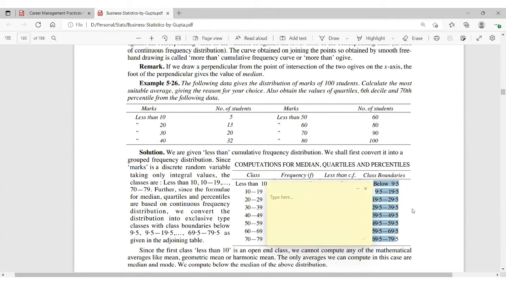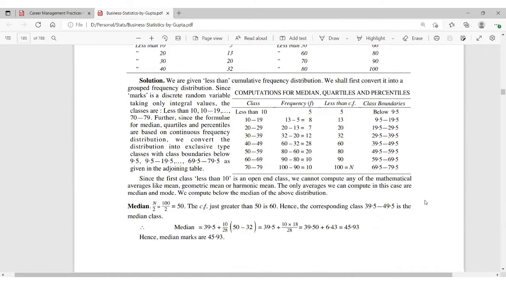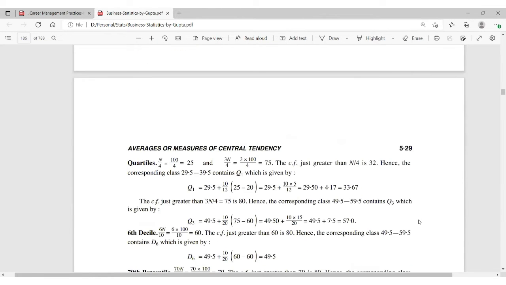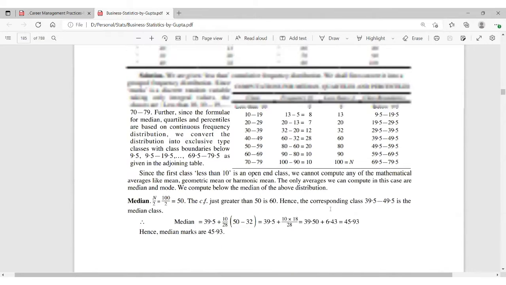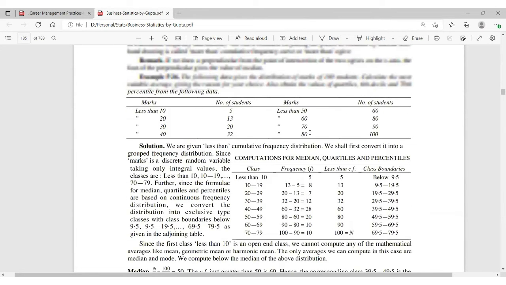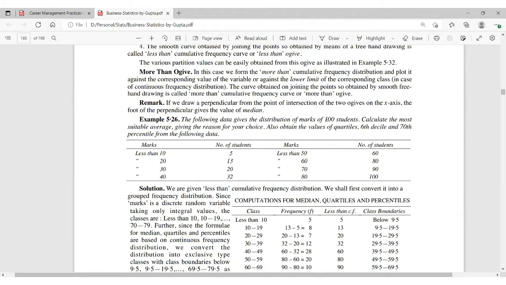We can assume that... We have to find, क्या बोल रहे हैं निकालने को, see, calculate the most stable averages giving the region, also obtain the quartiles, 6th decile and 70th percentile.